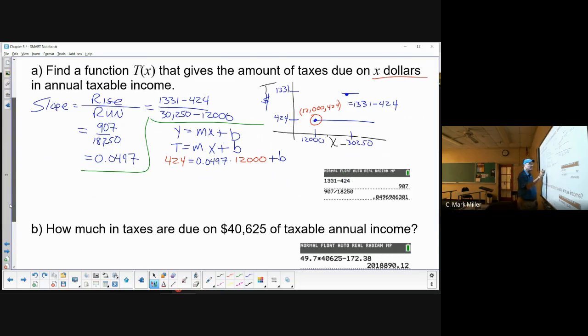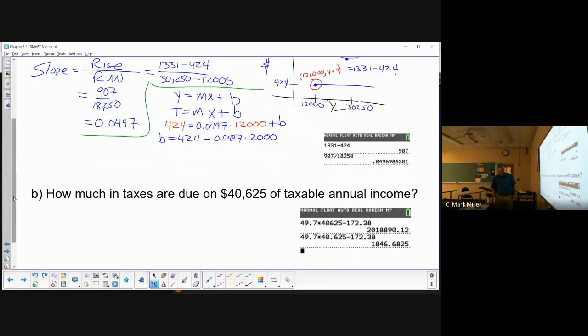So b is going to be 424 minus 0.0497 times 12,000. What is that going to be?